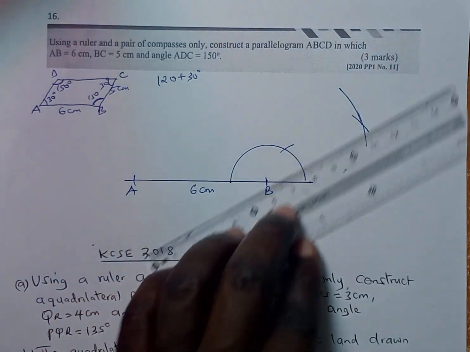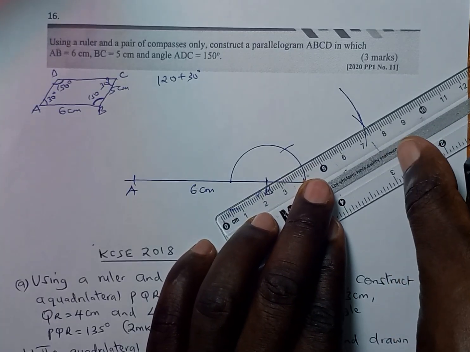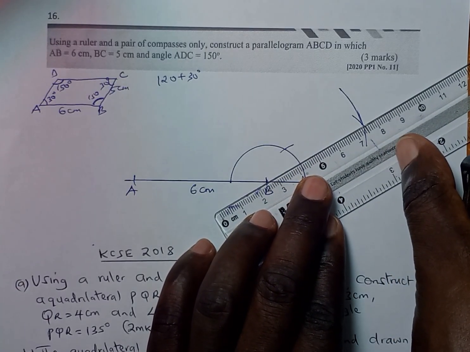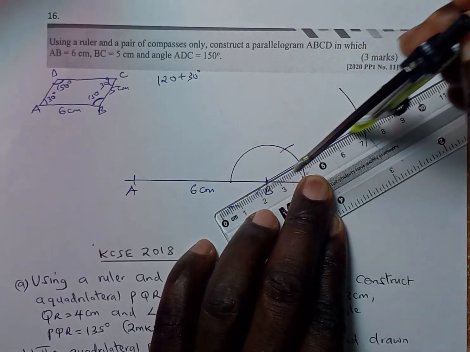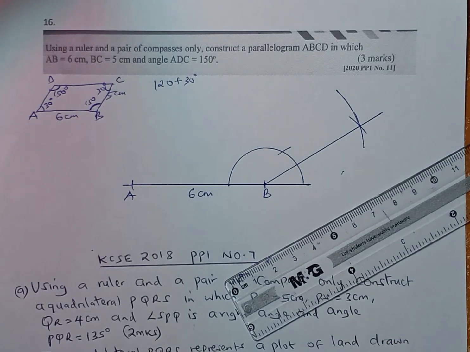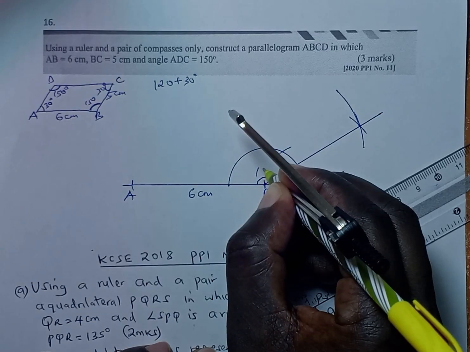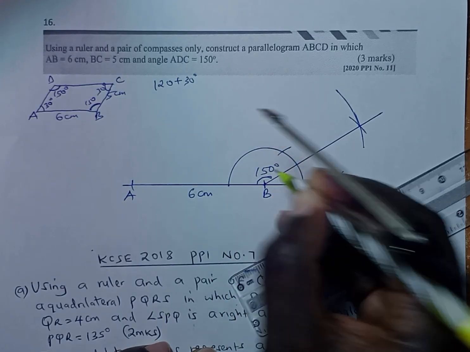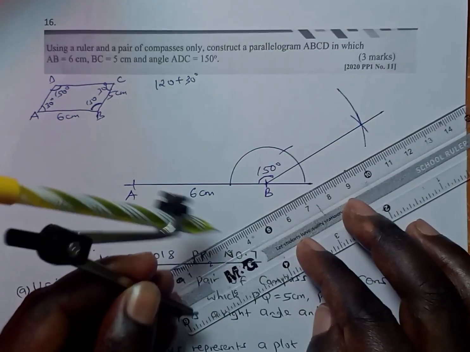So where the two lines intersect will give us a total of 150, because we have split 60 into 2. That is what we have. The entire of this angle here is going to be 150 degrees.